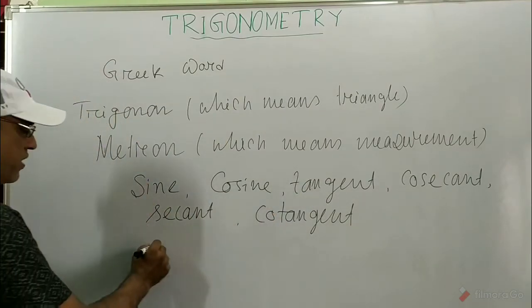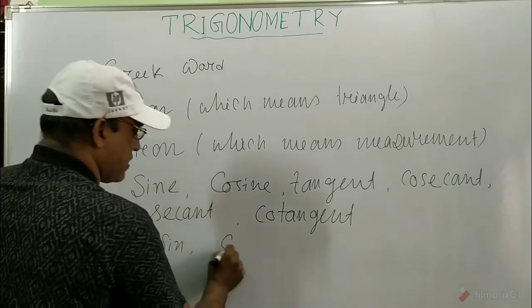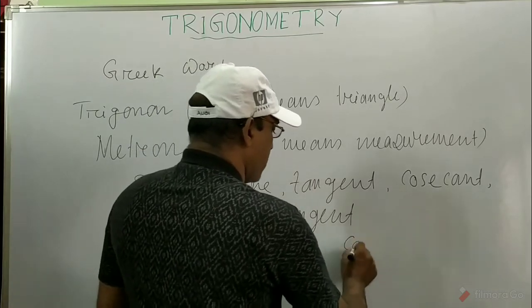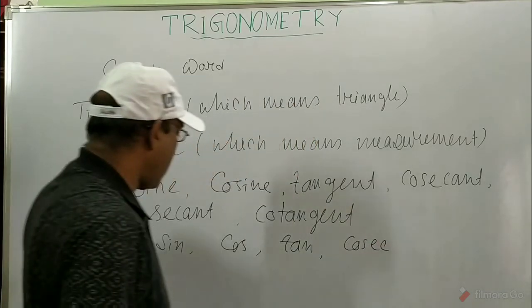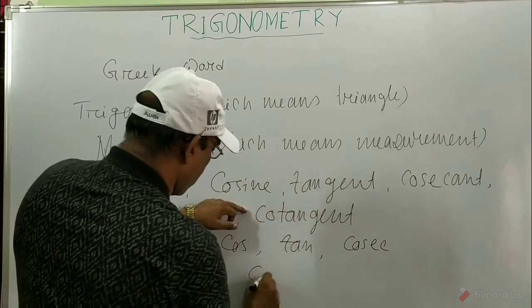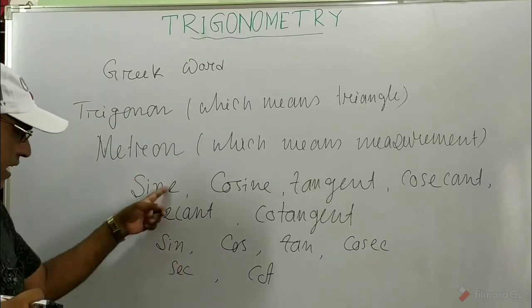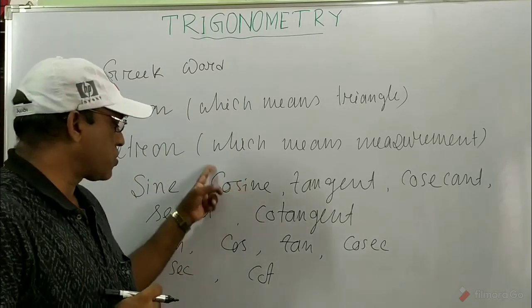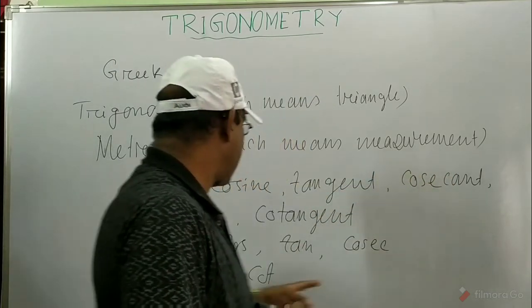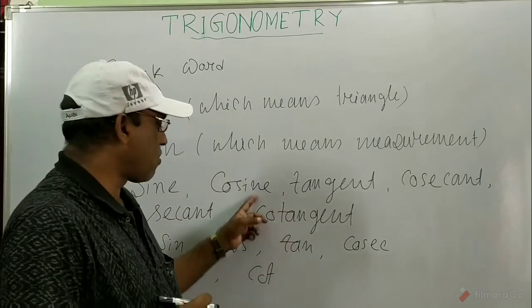In short form we write them as sin, cos, tan, cosec, sec and cot. These are the full forms, and we write only sin, cos, tan, cosec, sec and cot.